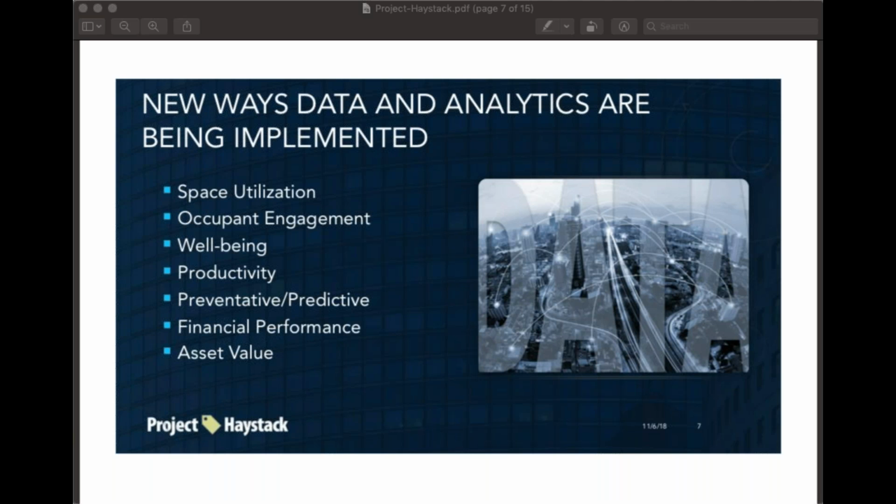And so in some cases, you can see more financial increase in the asset value than the financial benefit you get in running more efficiently. In other words, the energy savings can be dwarfed by the increase in asset value because, of course, they're looking at the operation of the building over time. So that's an important concept as well, coming into new ways data and analytics are being utilized, right?